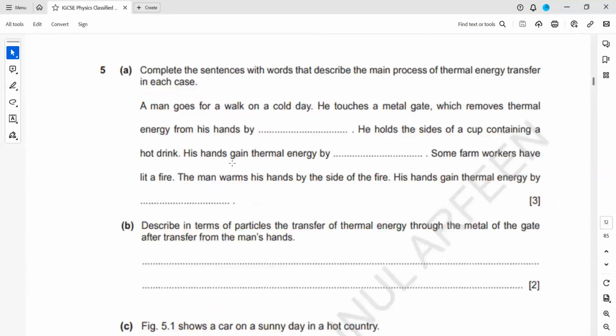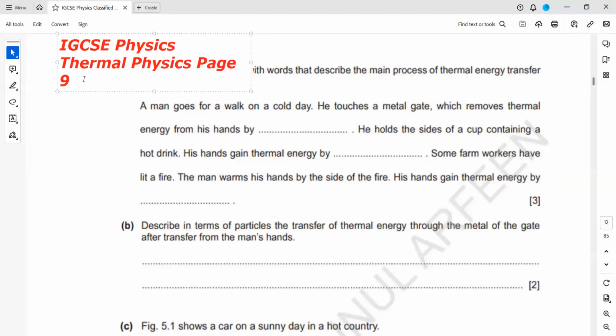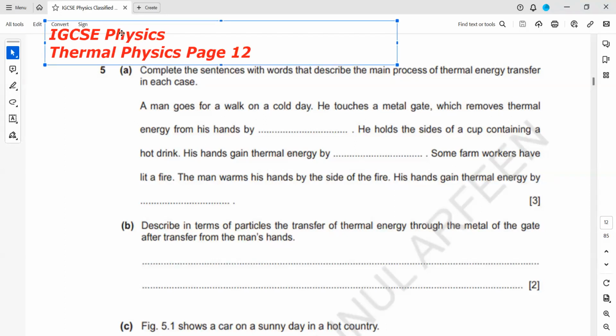Page 12. On page 12, you have to complete the sentence with a word that describes the main process of thermal energy transfer in each case.